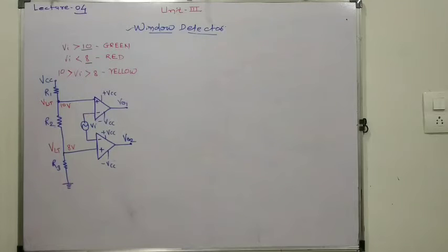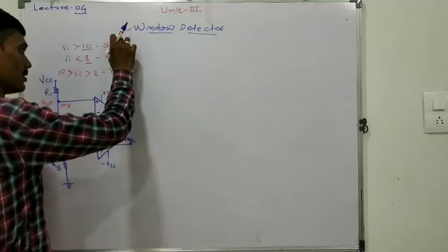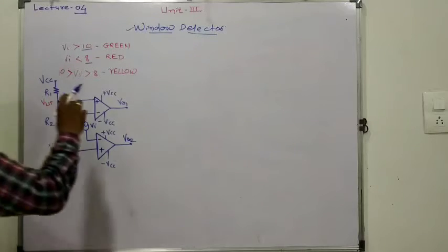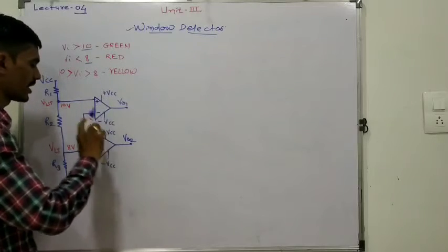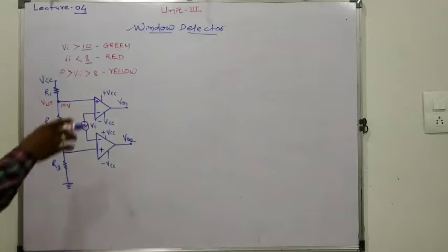Now the next logic: here we have to glow three different LEDs, depending on whether the voltage is in between this range, above the 10 volt, or below the 8 volt. For that purpose we have to connect three LEDs. We don't need to check any extra condition, because we are using two operational amplifiers connected in inverting mode, so there is no condition to get positive VSAT for both, and for that we would use an AND gate, which is not required here.